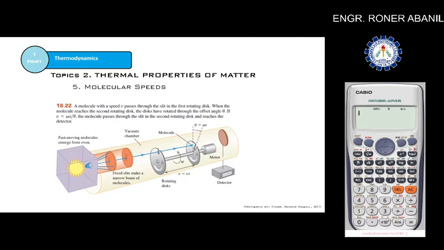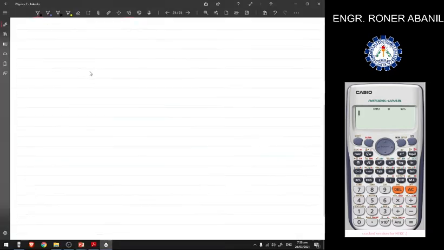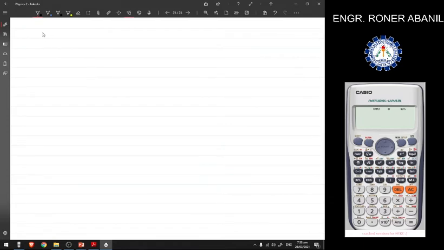To describe the result of such a measurement, we define a function f of v, which we call the distribution function.